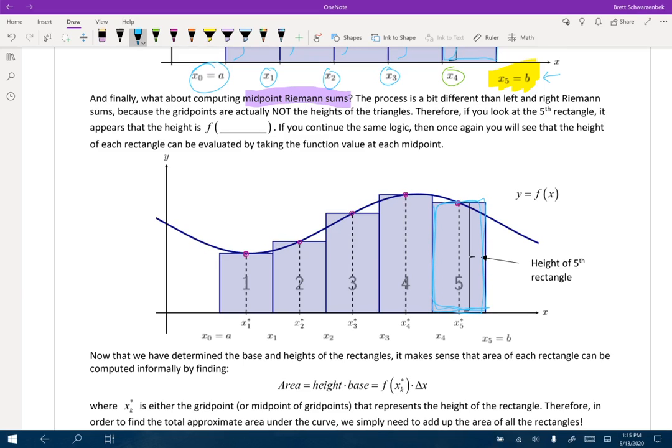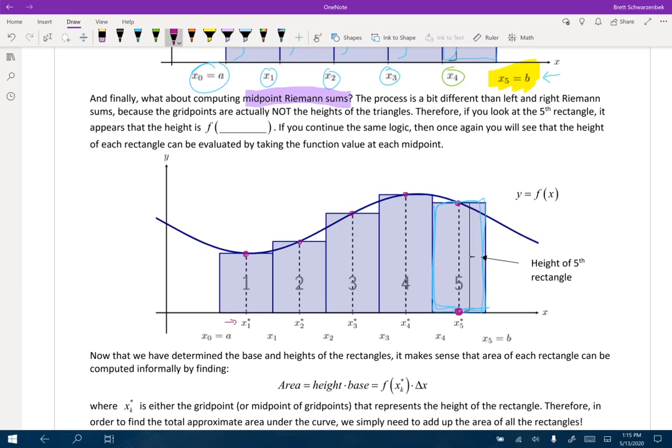If we were to look at that, what would be the value of the height? How would we find it? Well, we basically would have to find this value right here of x. For now, just ignore these guys right here; we'll talk about that later.